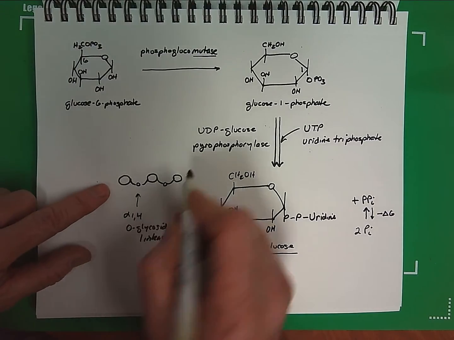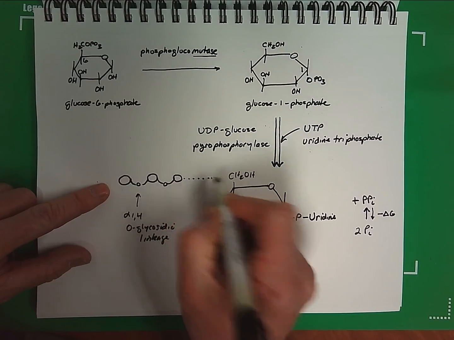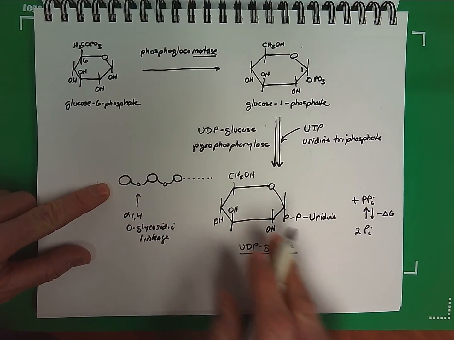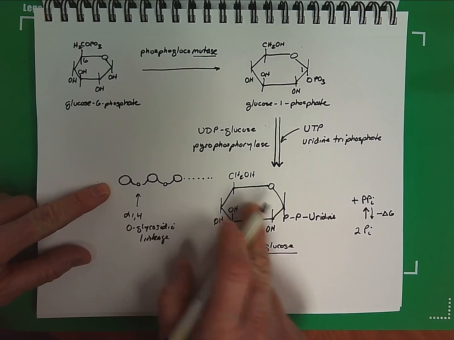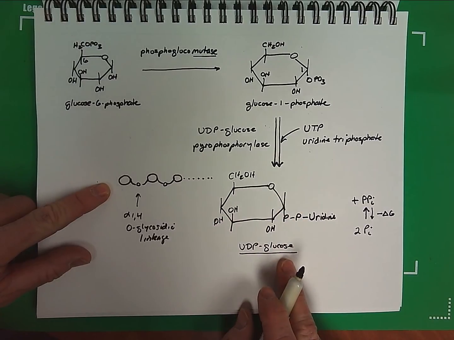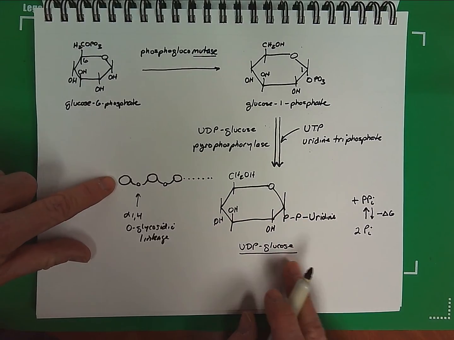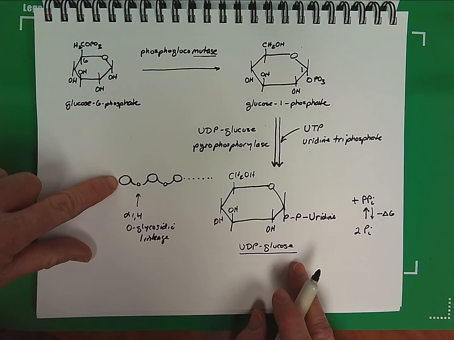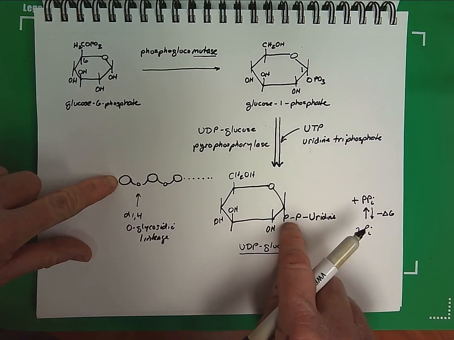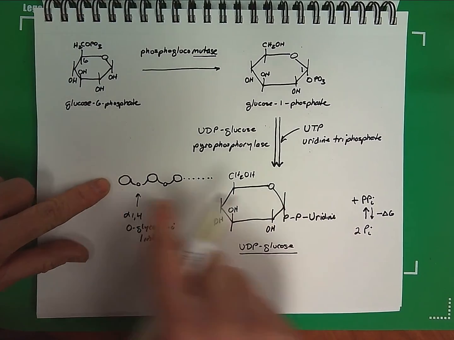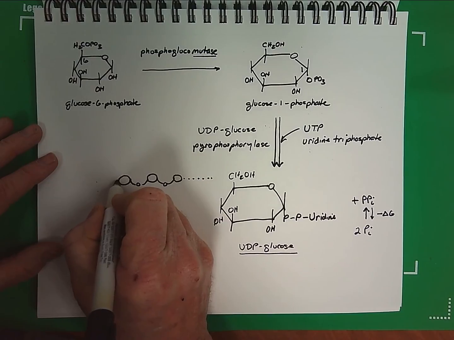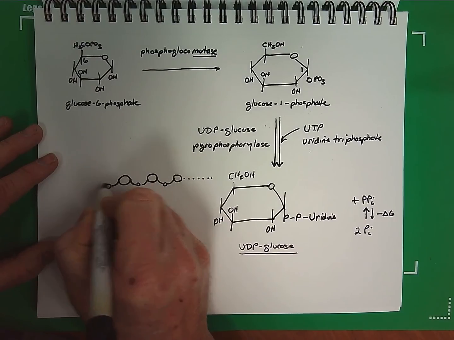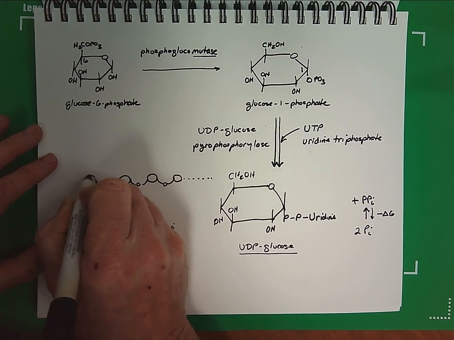So now, if we have a long polymer of glucose, we are going to be adding this UDP glucose to the number 4 carbon of the growing glycogen chain. Here's our number 1 carbon. We'll be adding it to the number 4. So this will be added in, again, the alpha 1,4 linkage.